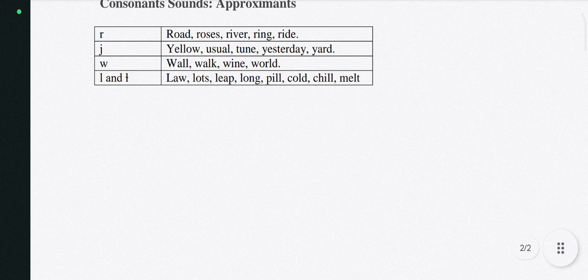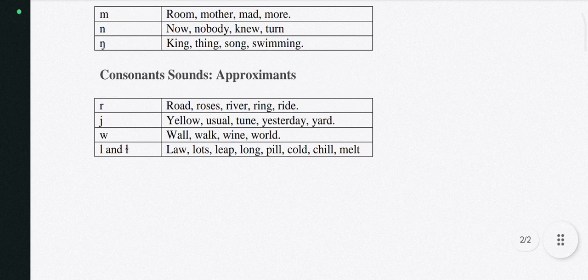Then you have approximants. Approximants are r, y, w and l. So road has r sound. Rose, river, ring, ride. Next one is y as in yellow, university, usual, yesterday. Okay.